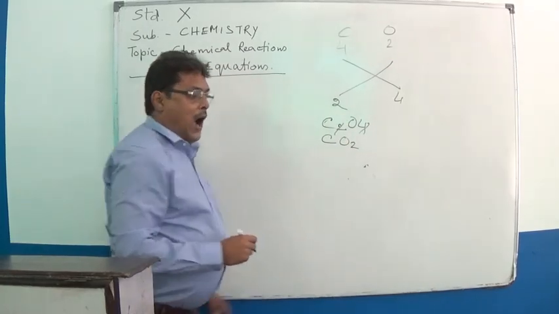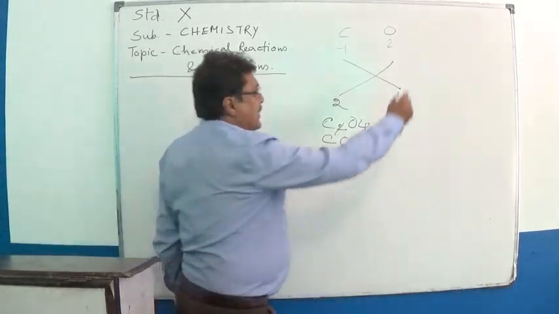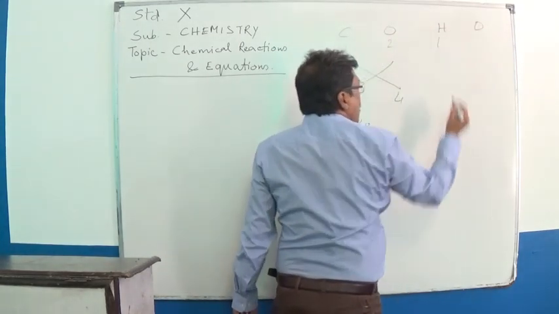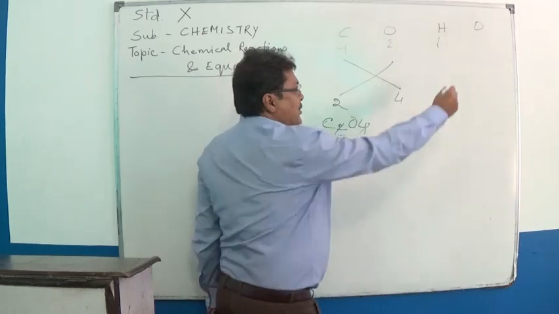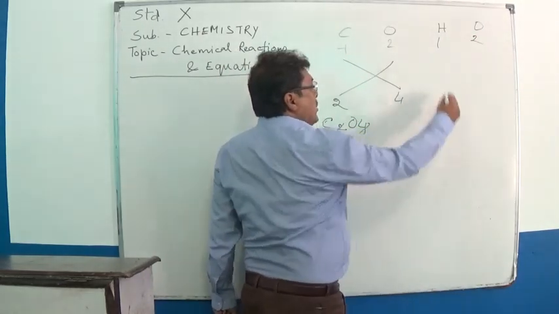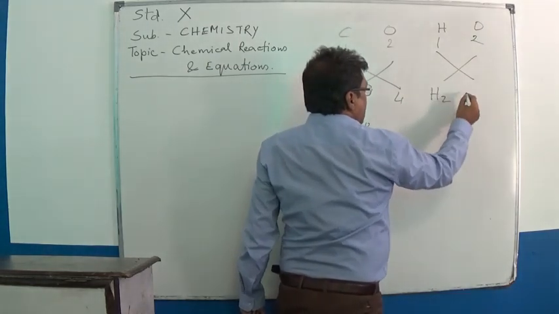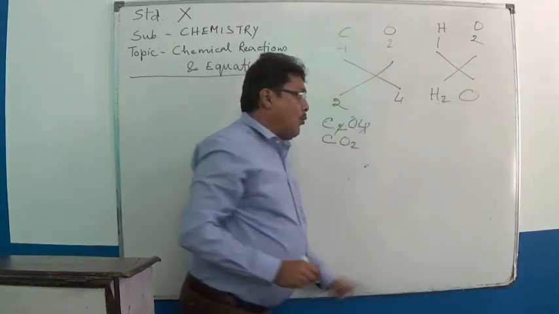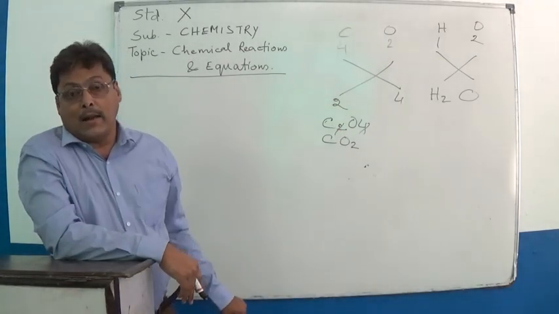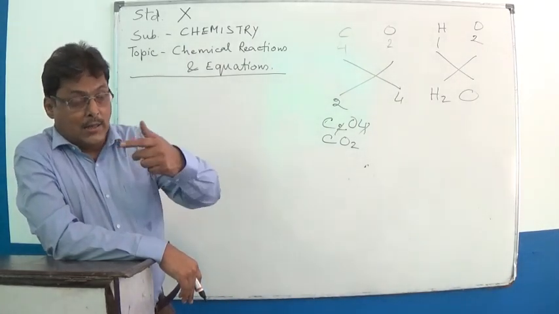That is how this subscript comes. In the same way, if we take hydrogen and oxygen, valency of hydrogen is 1, valency of oxygen is 2. So we cross them and get H2O1. That is how the subscript of these formulas come. So we must not change the subscript.